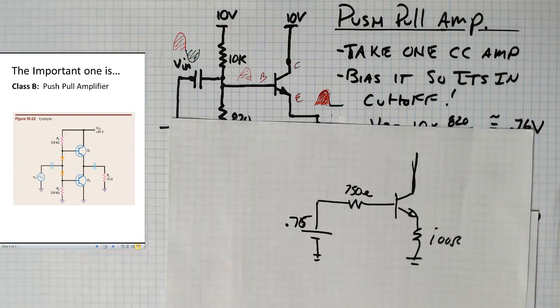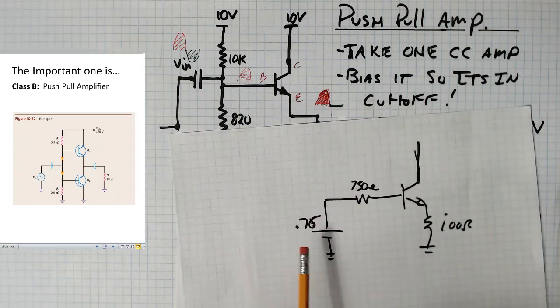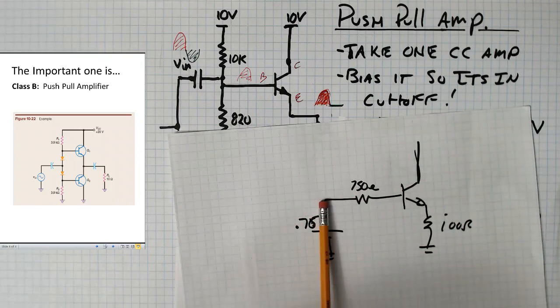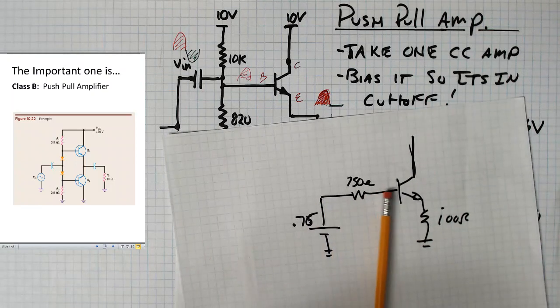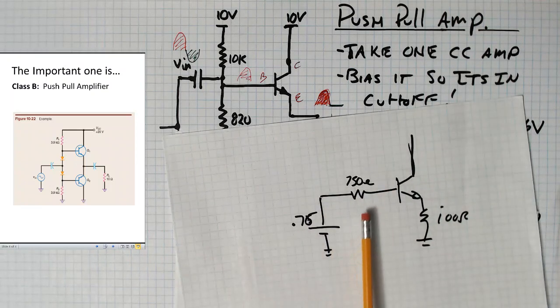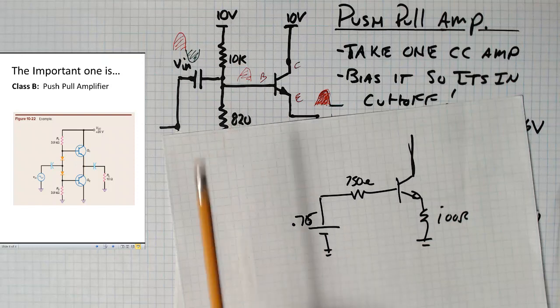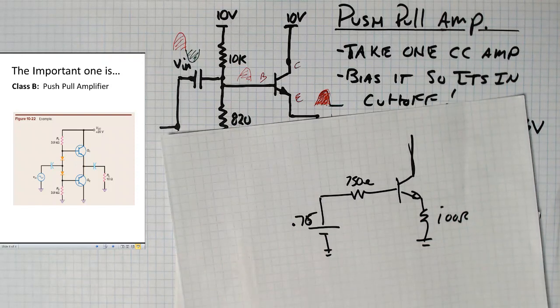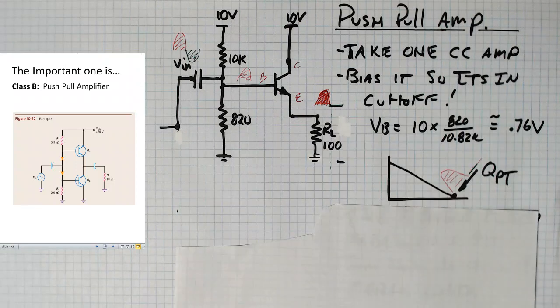If you recall, the 0.76 volts is the Thevenin voltage for the base drive circuit. This would be even less after the Thevenin resistance of these two resistors. So there's not a lot of base current there. The transistor is effectively off, and so it's sitting at the Q point down here.